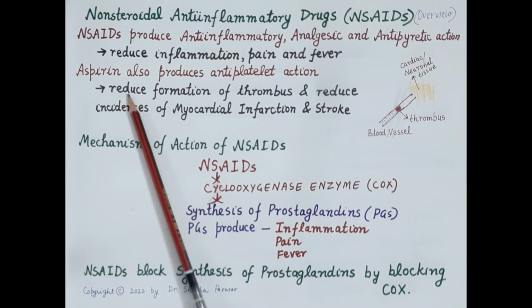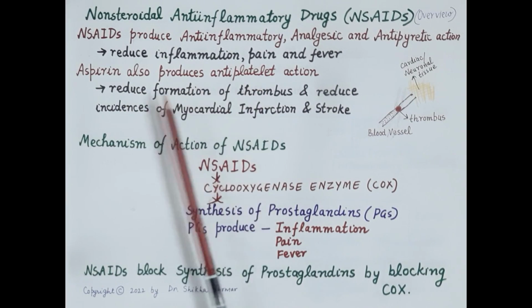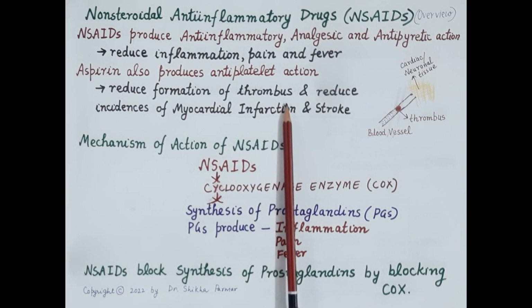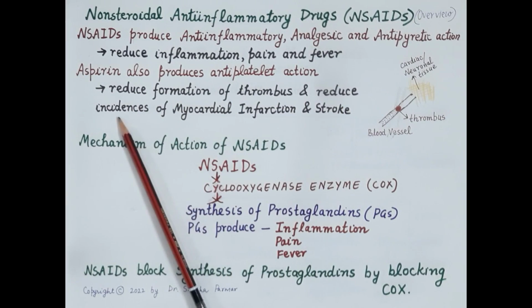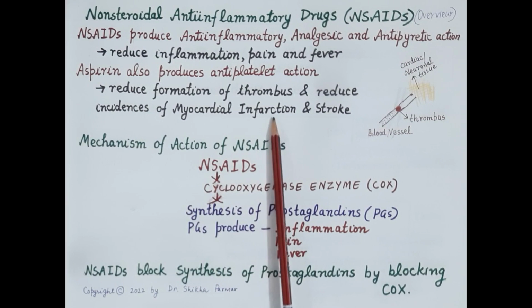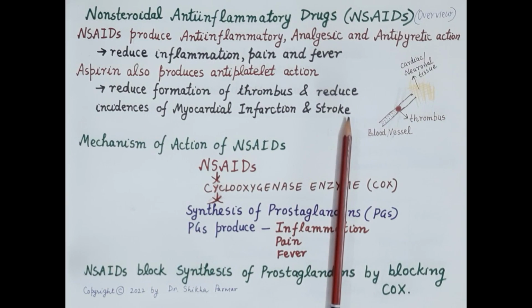So aspirin, being an anti-platelet drug, reduces the formation of thrombus, and thereby it reduces the incidence of myocardial infarction and stroke. So this is about NSAIDs and their main therapeutic uses.